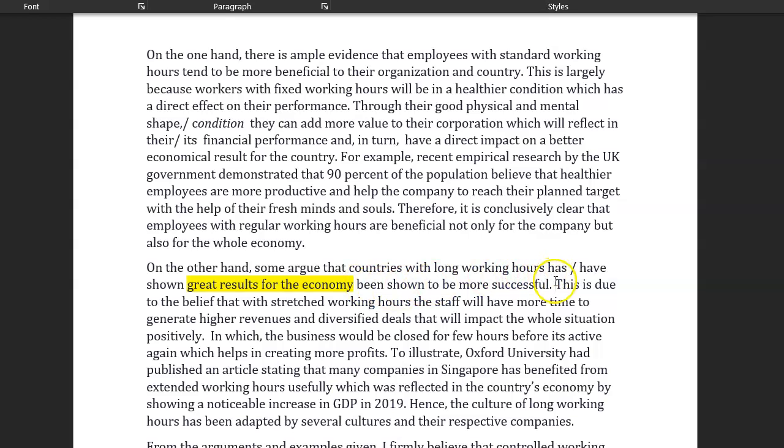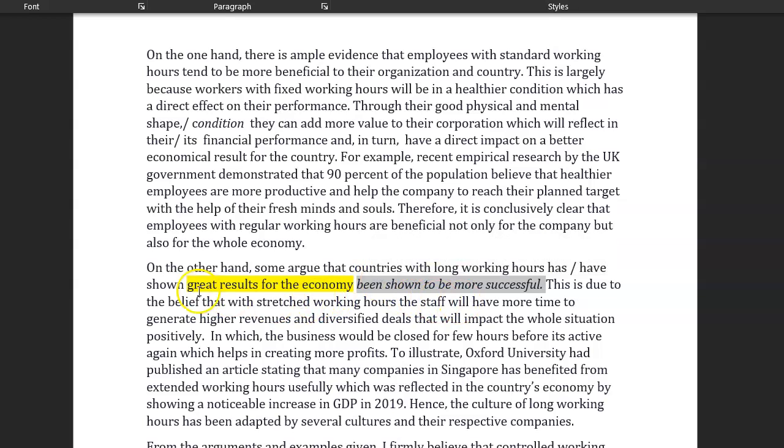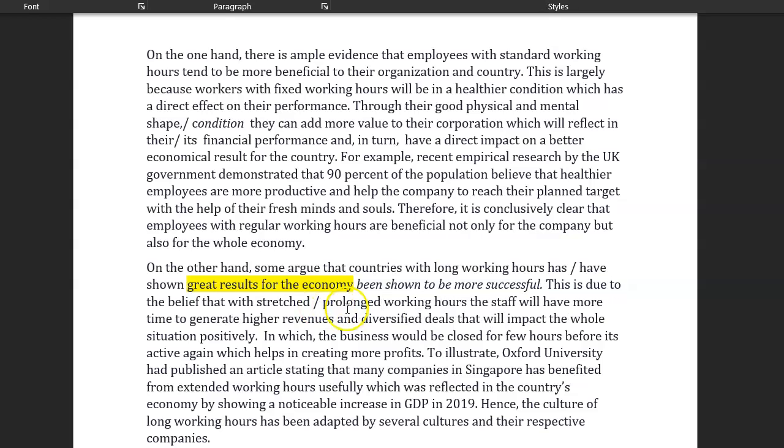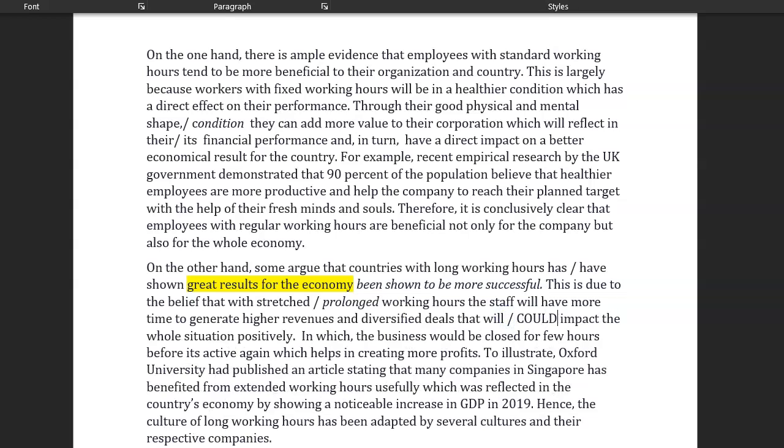I'm getting a passive verb in there, and to be more successful. I don't need to keep on repeating for the country. This is due to the belief that with stretched, prolonged would be a better word. Prolonged working hours, the staff will have time to generate higher revenues and diversified deals that will impact the whole. That could, now don't use would here, could, use the modal verb suggesting, impact the whole situation positively.